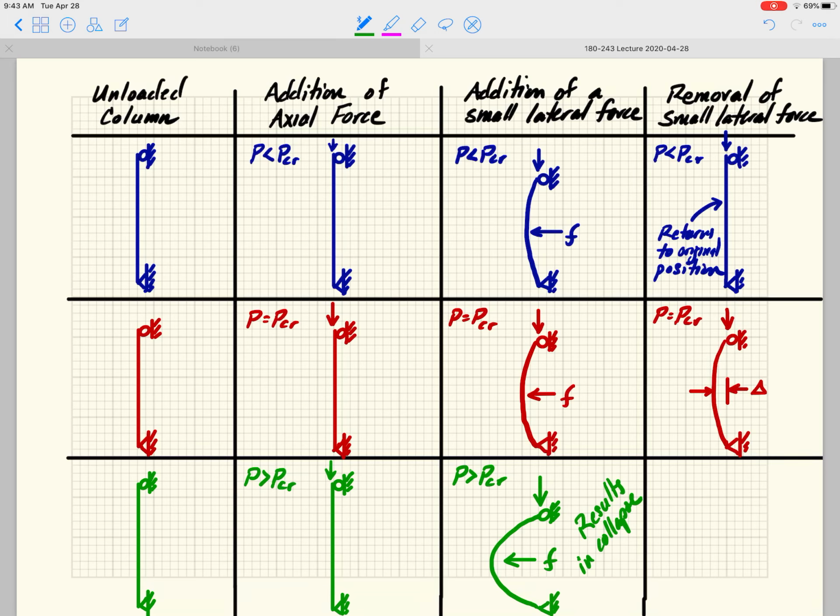And the last thing I want to mention before I end this particular lecture, again conceptually trying to understand what buckling is, is that we've got to recognize that F, or this minuscule lateral force, always exists.